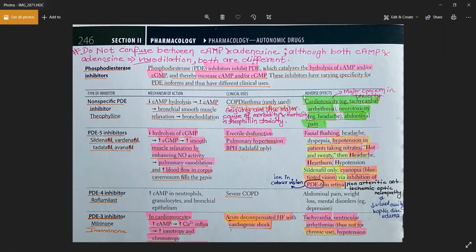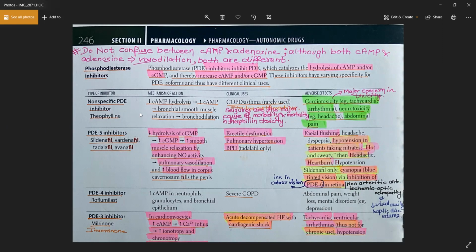Okay, and this cardiotoxicity is the major concern in case of toxicity by theophylline. Very important. You can also get neurotoxicity that can lead to headache. You can get abdominal pain also. And seizures are the most common cause of death in case of toxicity by theophylline.